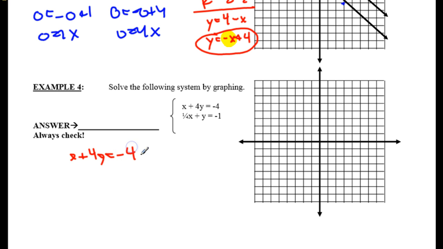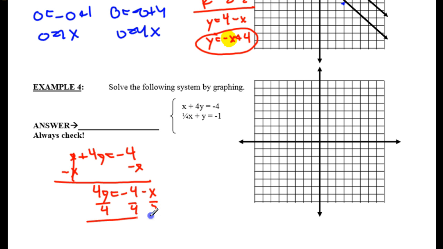Okay, so we're solving for y, so to get rid of the x first, we do minus x. 4y equals negative 4 minus x. And lastly, we divide everything by 4. So y is going to equal negative 4 divided by 4 is negative 1.